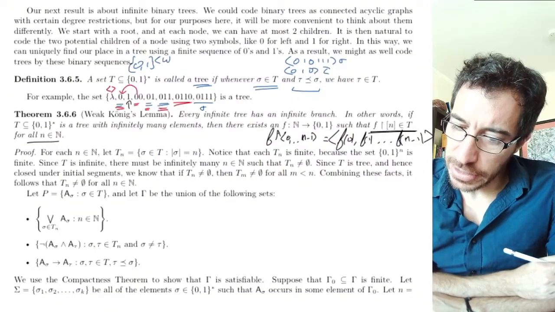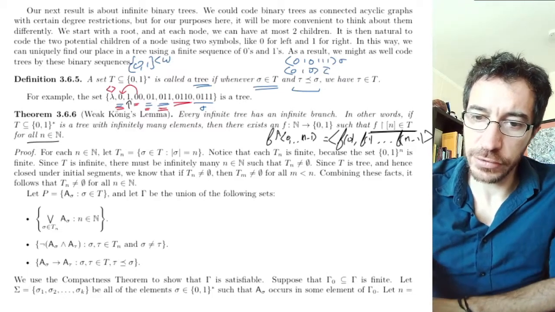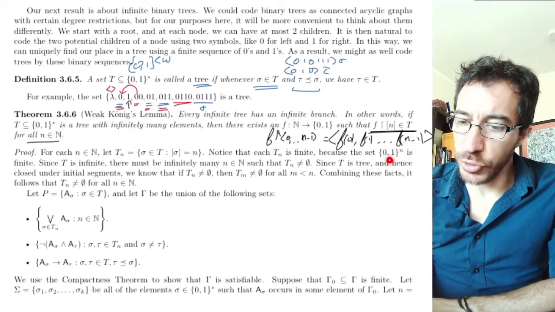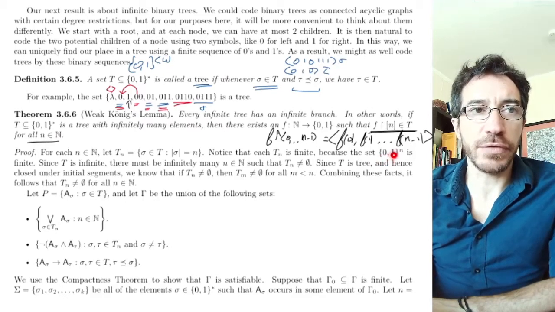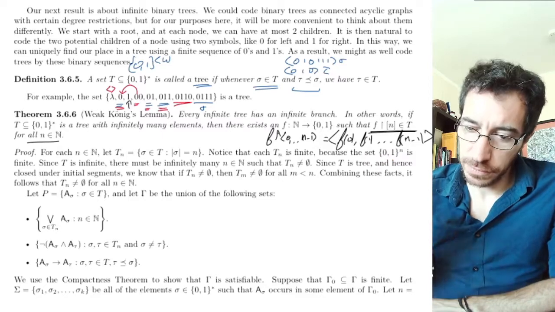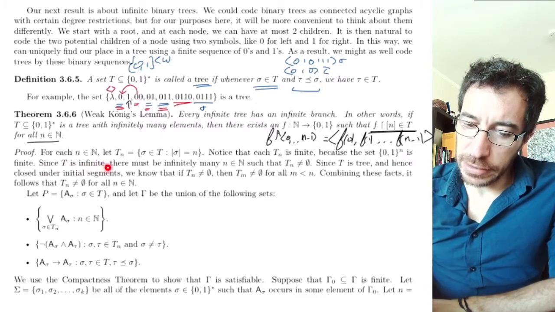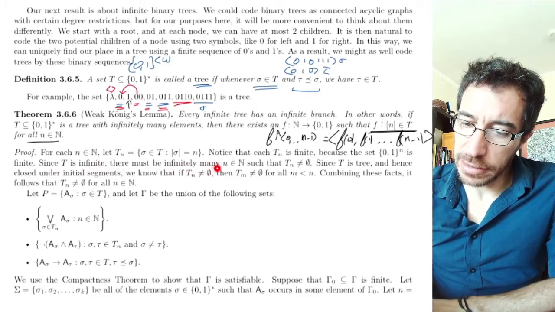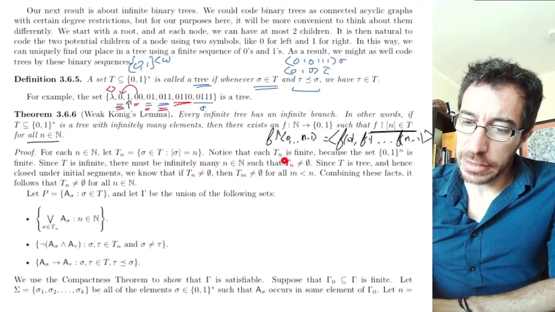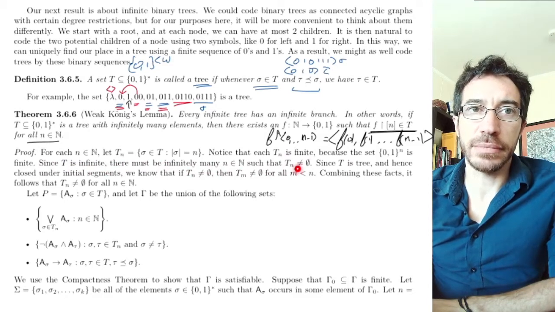So notice that each Tn is finite because it's exactly the set of strings that belong to {0, 1}^n, the set of n-tuples of 0, 1, which is finite. It has 2 to the n elements, right? Since T is infinite, there must be infinitely many n's in the natural numbers such that Tn is not empty, right?